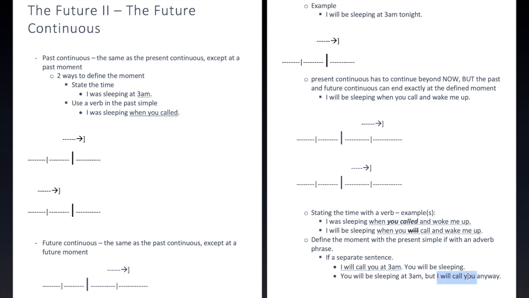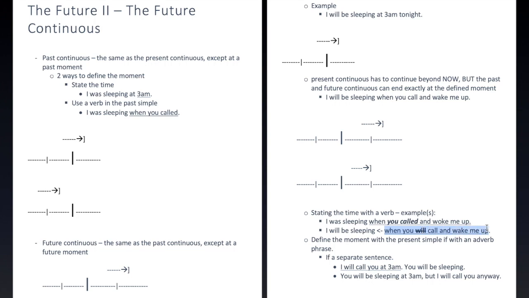So we have I will call you. It's not part of an adverb phrase, in other words. This is a conjunction. We do have a subject and verb in this thing, so it's a very subtle difference. But we don't have a preposition connecting this to the rest of the sentence. That's the difference. It's getting pretty technical, I know. I think that's about as simple as we can make it.